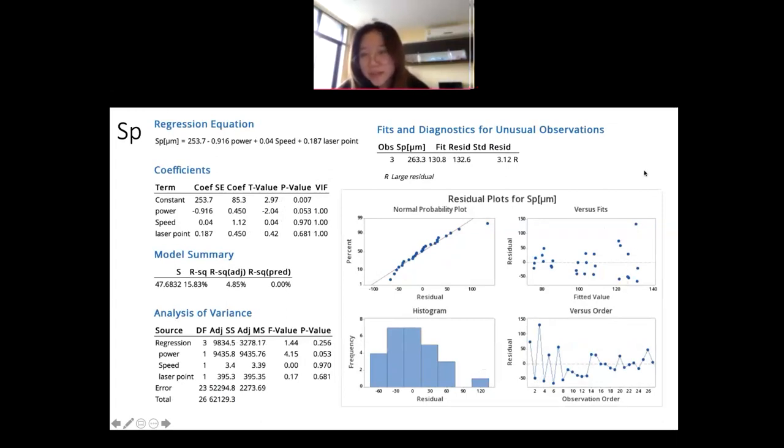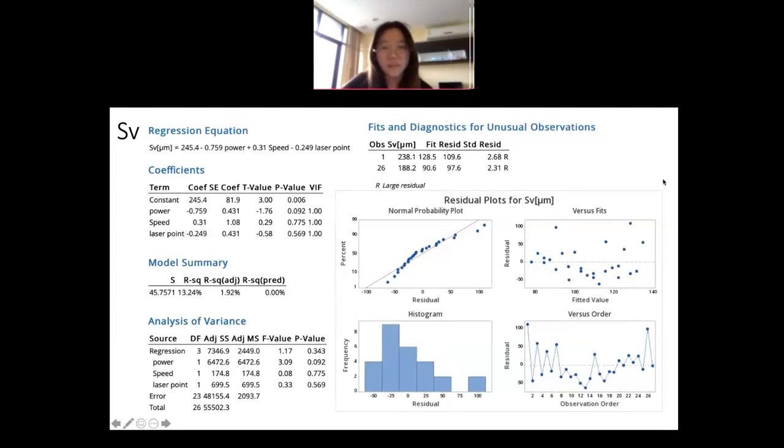You can see some outliers here, maybe the one really above. It's not in the group with the other data points. And then for SV also, it's very scattered. It goes really high, up to 100 or minus 50.